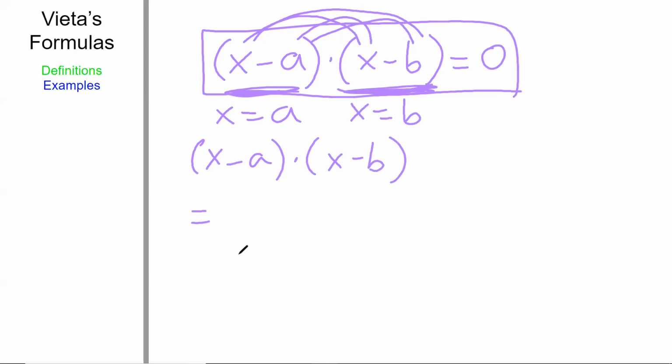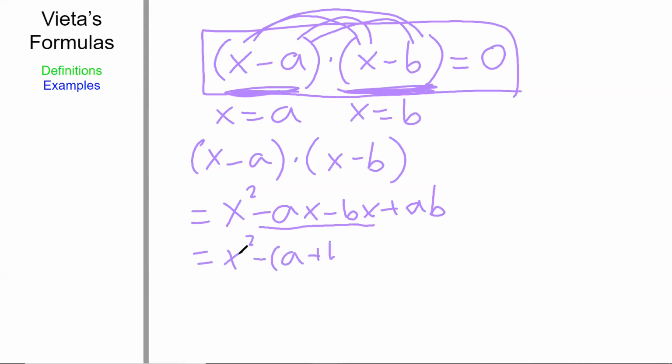When you multiply both x's, you're going to get x squared. And you're going to get minus ax minus bx plus a times b, since the negatives cancel out. You can group these two terms together, and you'll get x squared minus a plus b times x plus ab. And don't forget that this was equal to 0.